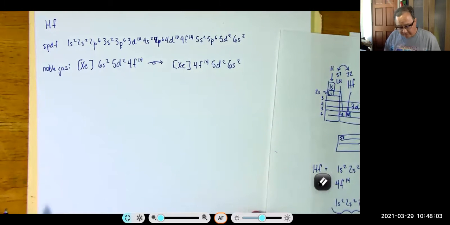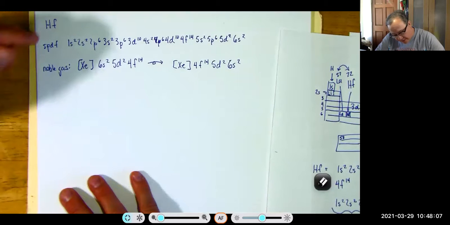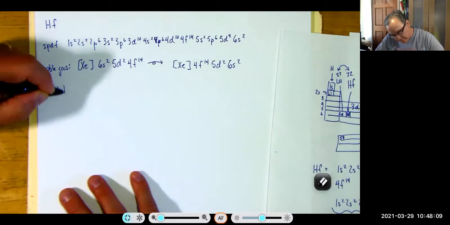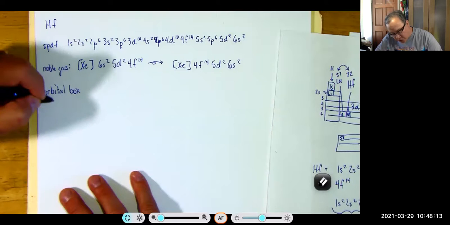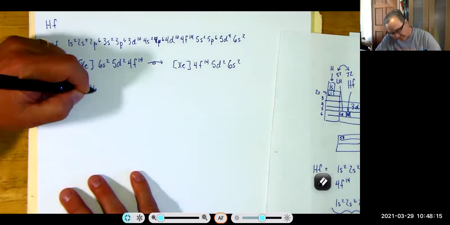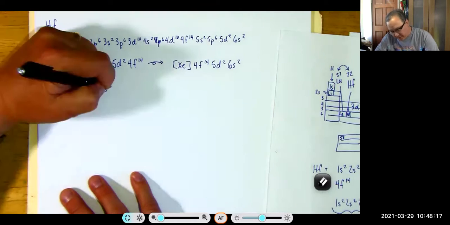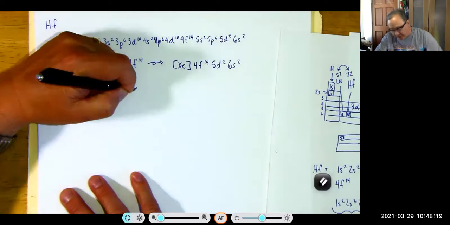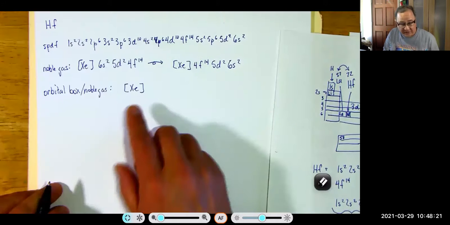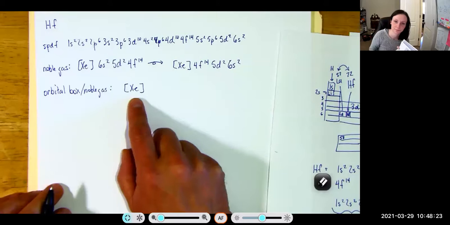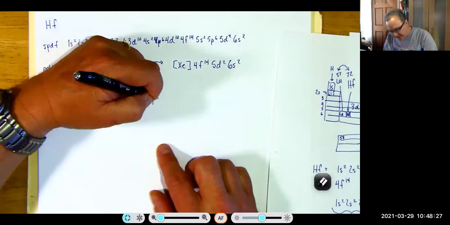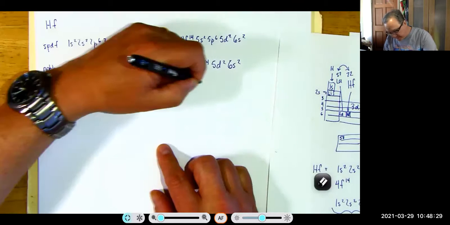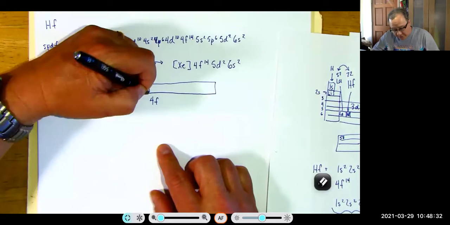There's also something called the orbital box diagram. So I'm going to do an orbital box and noble gas. What makes this a noble gas notation is that we have xenon here. So here, the 4f has 7 orbitals.